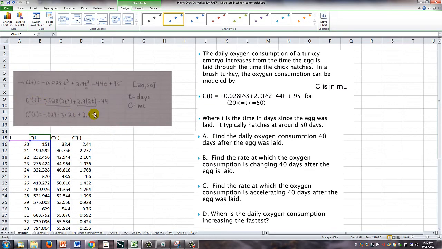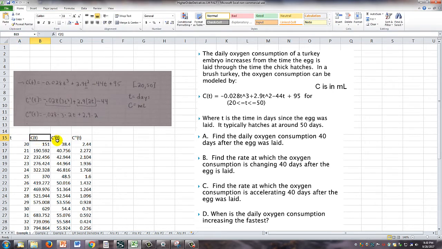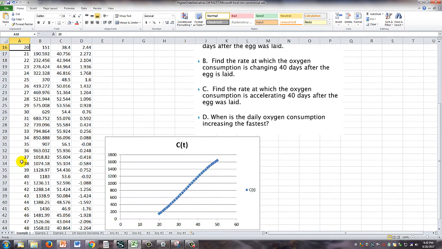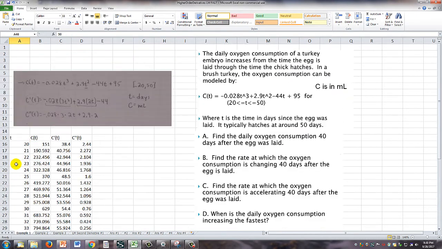Okay, so I went and I took these three functions. I typed in my input t, c of t, c prime of t, c double prime of t, and my domain is 20 to 50, and I typed in my c of t function right here, and then my derivative I typed in negative 0.028 times 3 times t squared plus 2.9 times 2 times t minus 44.